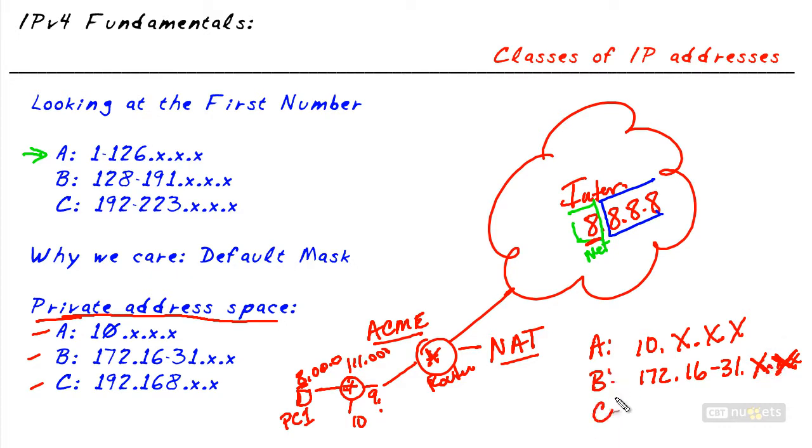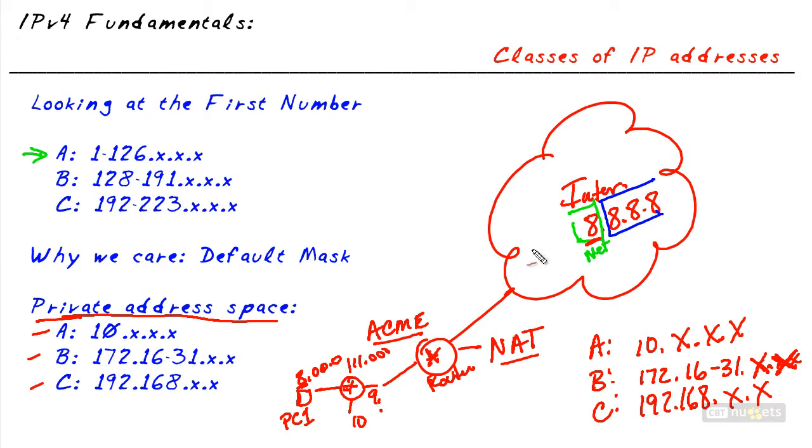And then for a Class C, we have 192.168. Anything is also considered a private address space. And that's why in our IPv4 fundamentals video that we went through together, when you did an ifconfig on Mac or Linux or an ipconfig and looked at your IP address, it is very likely that if you're at a company or an internal network, you are using on your computer one of the IP addresses from the private IP address space.